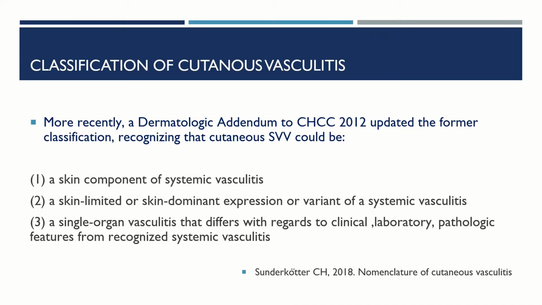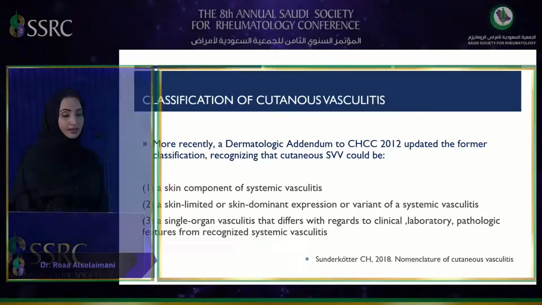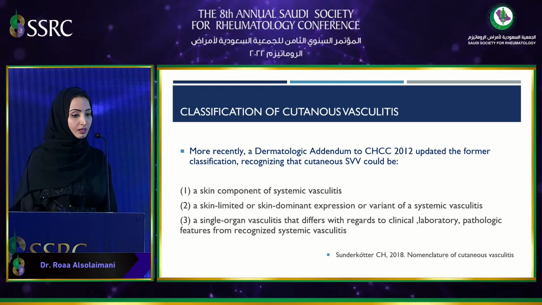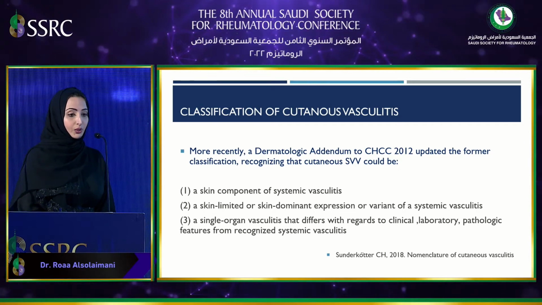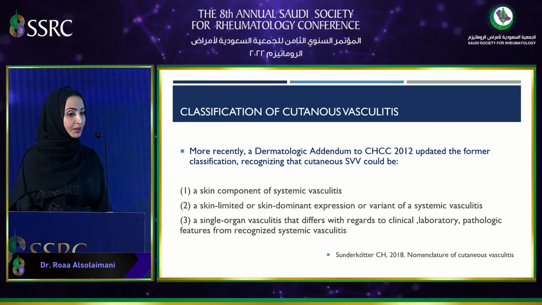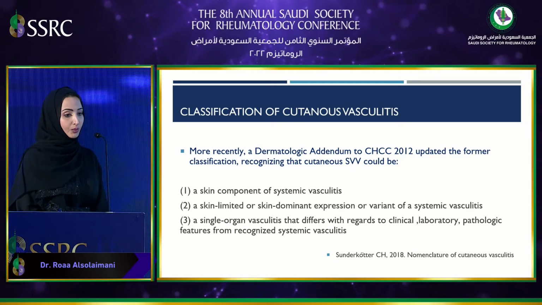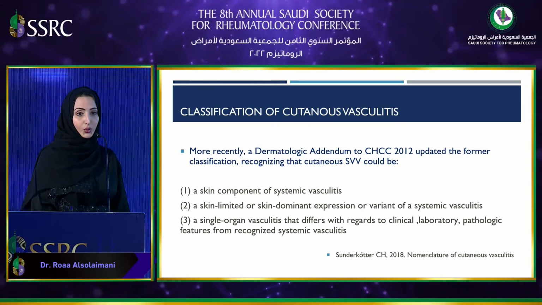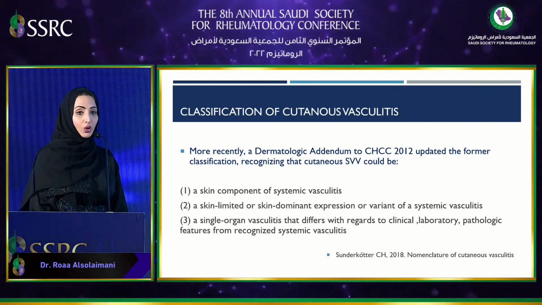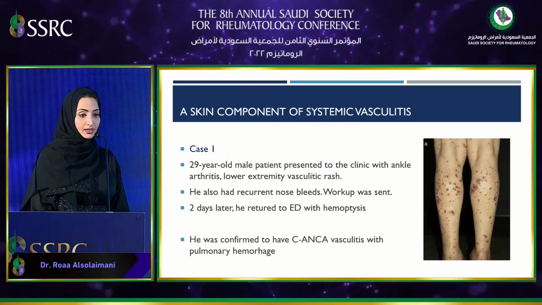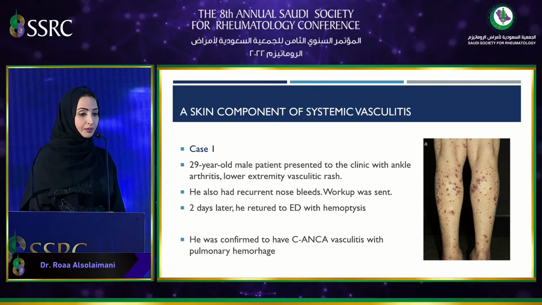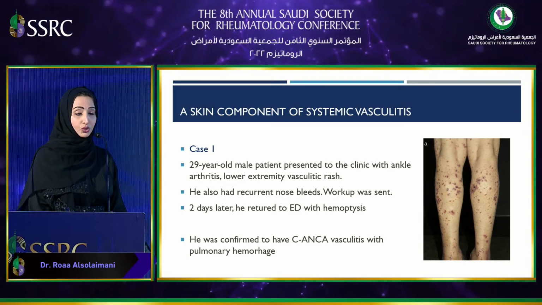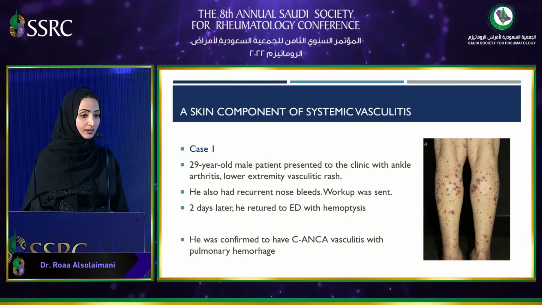However, more recently, a dermatologic addendum was done to that criteria, which updated the formal classification in 2019, recognizing that cutaneous vasculitis can be present as, number one, a skin component of a systemic vasculitis, number two, a skin-limited or dominant vasculitis, or number three, a single organ vasculitis. I'm just going to show some cases to highlight these differences.